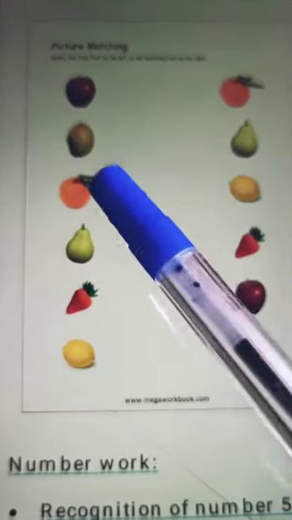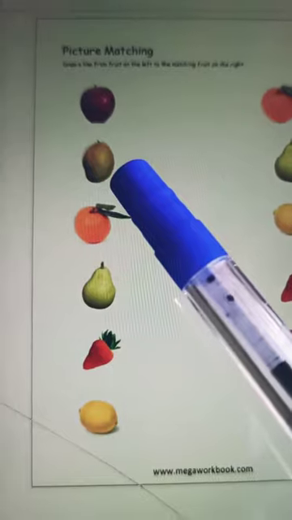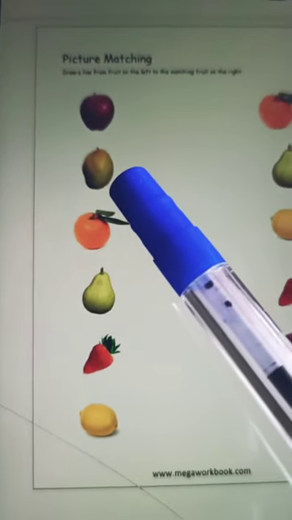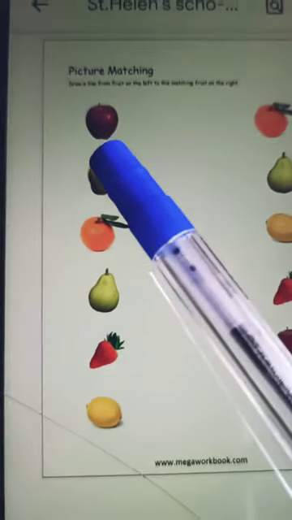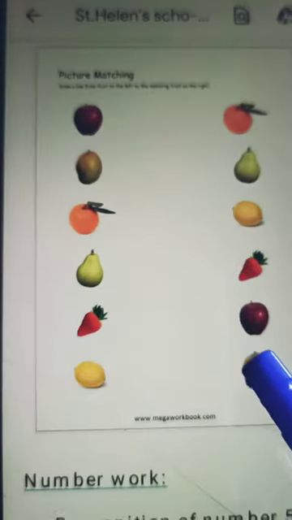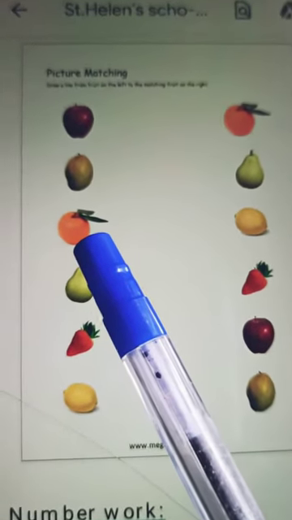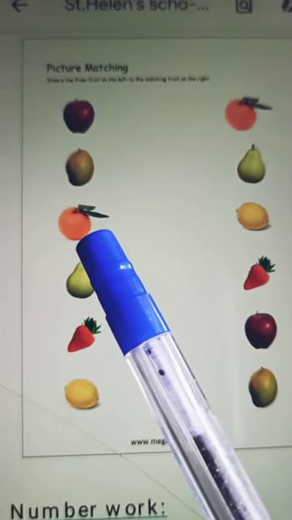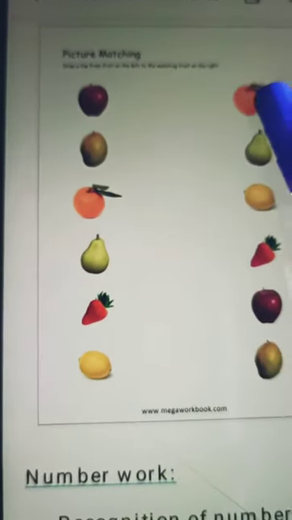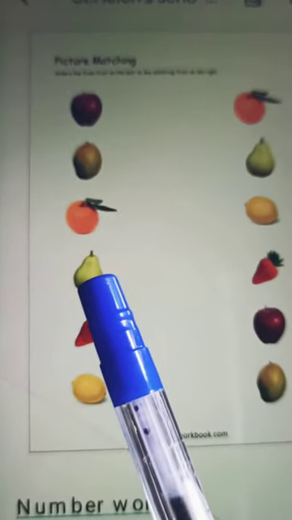Next, which fruit is this? This is the king of fruits, that is mango. So, match mango with the other mango. This is an orange. Match it with the picture. This is pear.